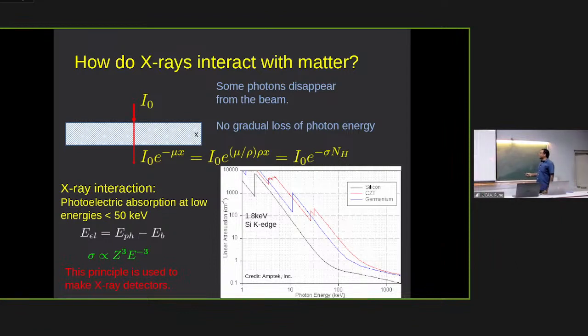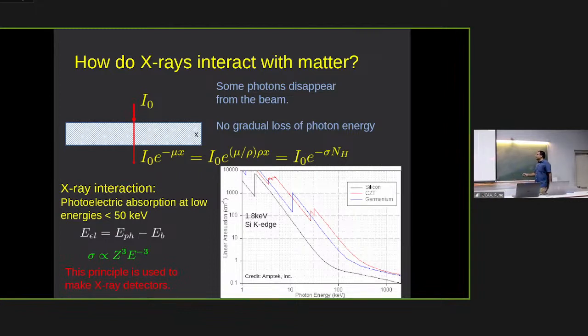First thing to note is that there is no gradual loss of photon energy. It's not like an X-ray with 10 kiloelectron volt is passing through and then reduces to 1 kiloelectron volt or some 5 electron volt. That can happen in Compton scattering. But with photoelectric absorption, either the photon is absorbed or it passes. That depends on the absorption cross-section, of course.